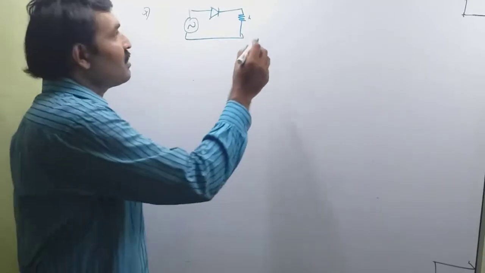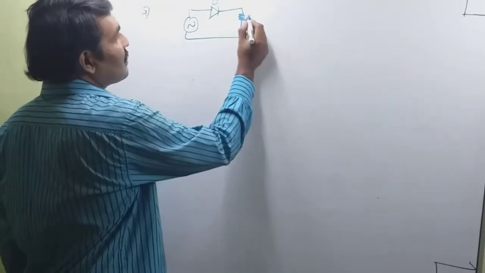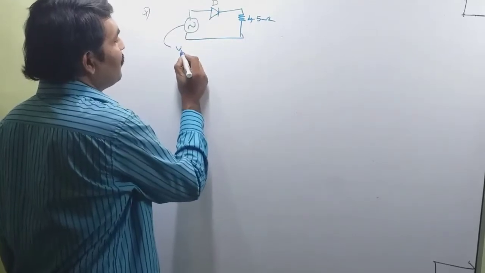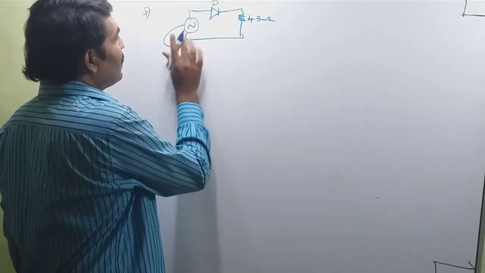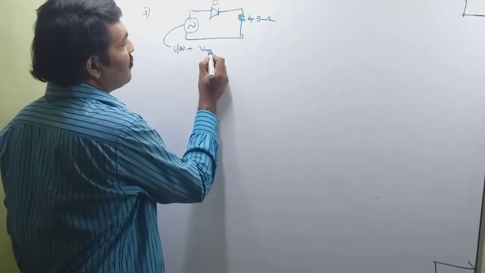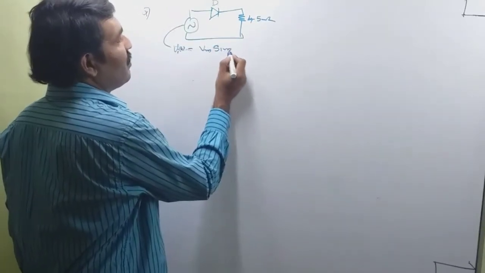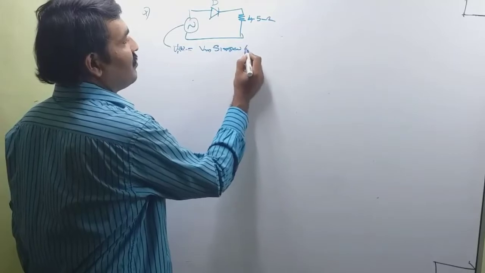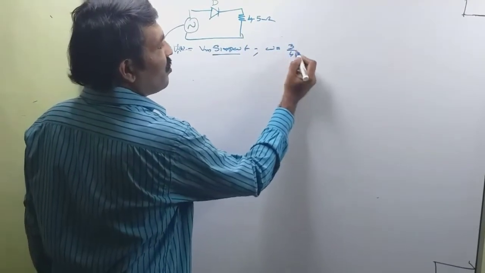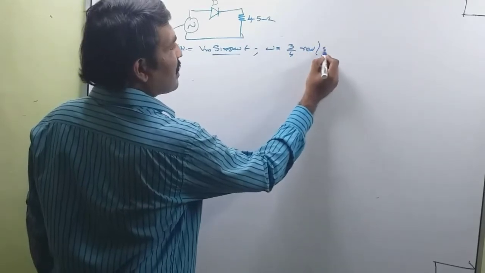We have a diode D. The resistance is 45 ohm and the input voltage Vi of t is given as Vm sin omega t. Here omega is 3/4 radian per second.